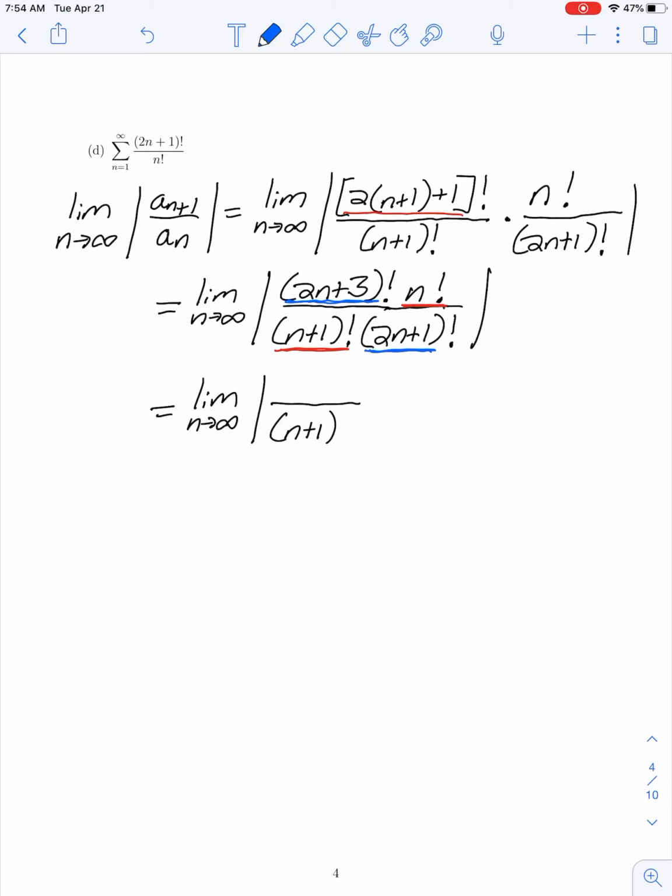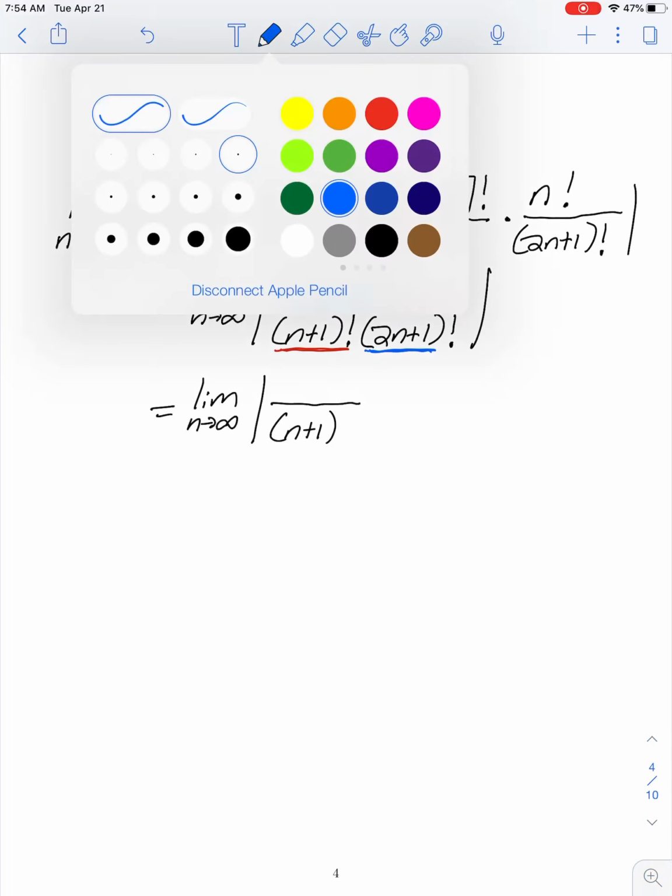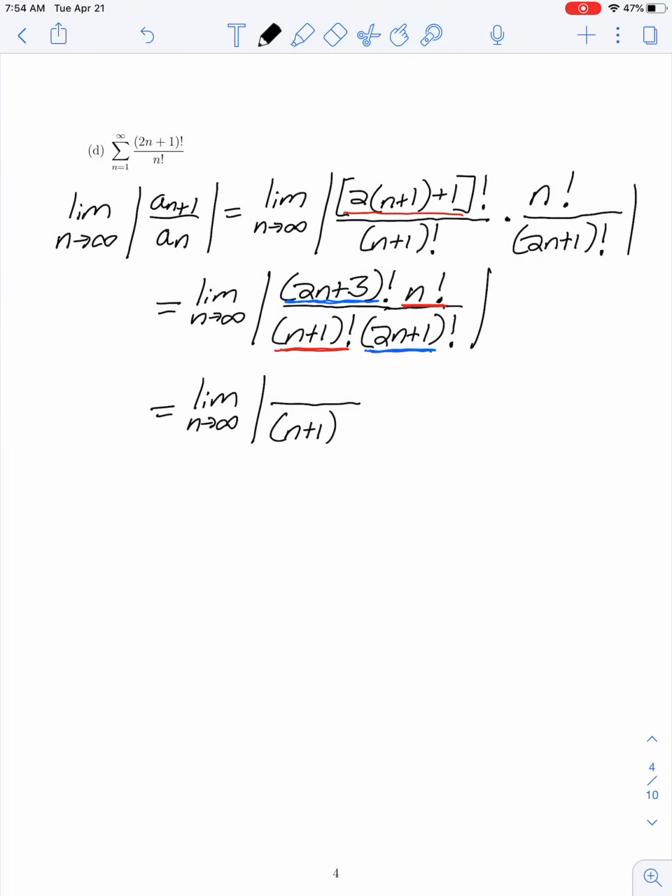So if we were to write out those general terms, or the product of all the factors for (2n plus 3) and (2n plus 1) factorial, well, we see in our numerator, we would be left with the term 2n plus 3, and the next integer less than that would be 2n plus 2.